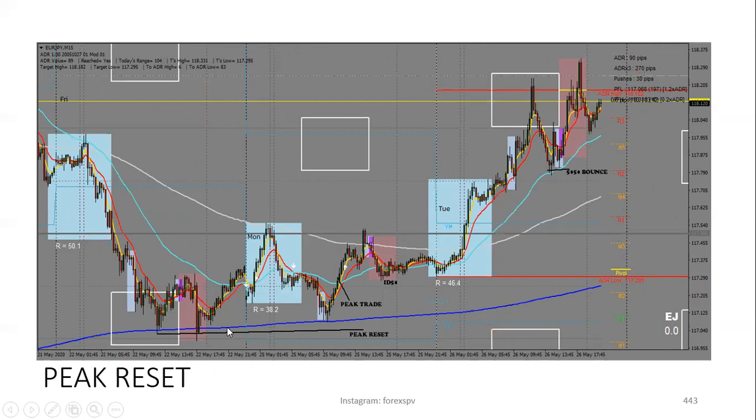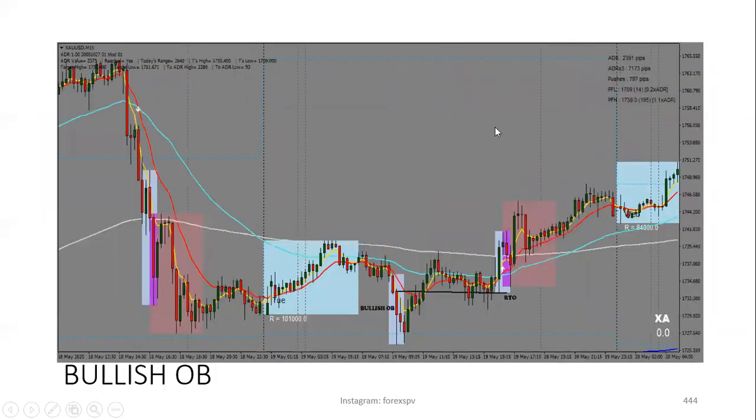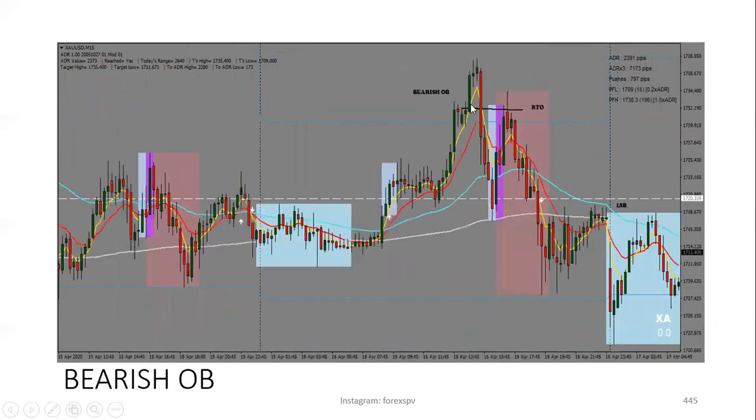This is Euro JPY as it was trending up. And here we have another trade where we had a bullish order block, and then price came and retested it, formed even a W. So this was a return to the order block, and then we had a move up. We had also a return to the bearish order block there, and we had a move down.